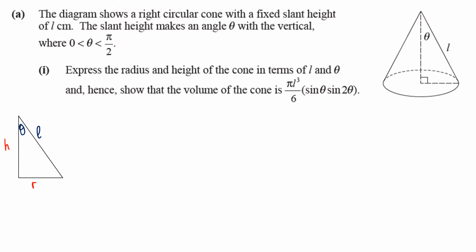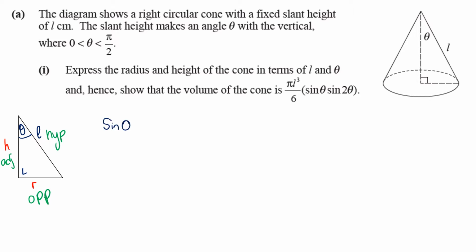As a right angle triangle, we're going to just use our sine, cos and tan. Here's my hypotenuse, here is my opposite, here is my adjacent. So we're going to work with one ratio that has r and one ratio that has h.